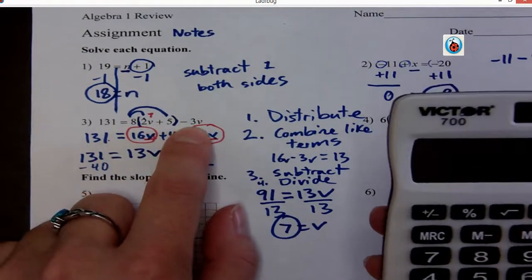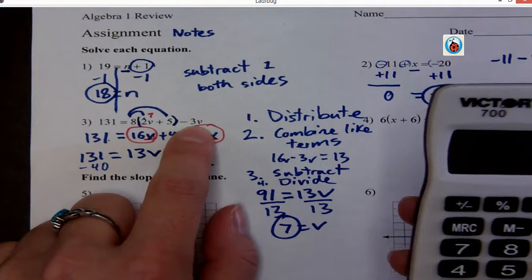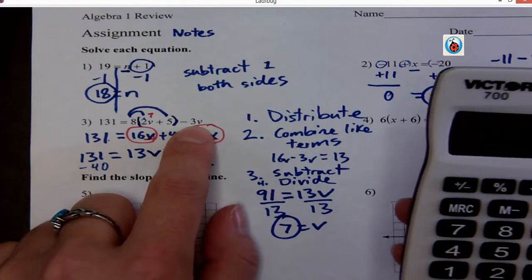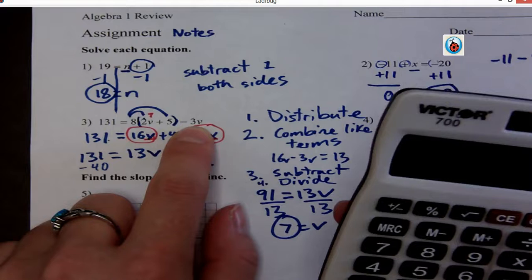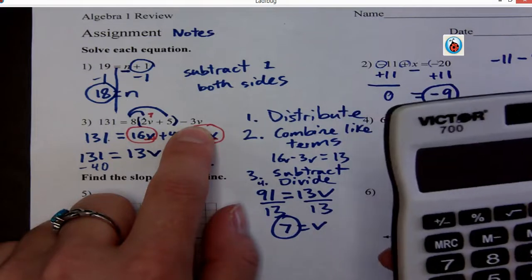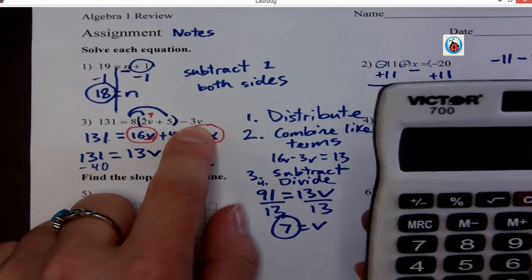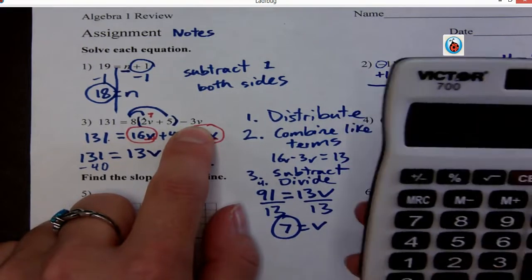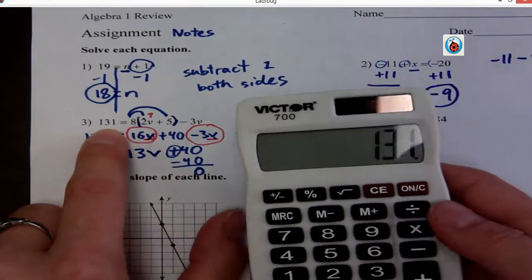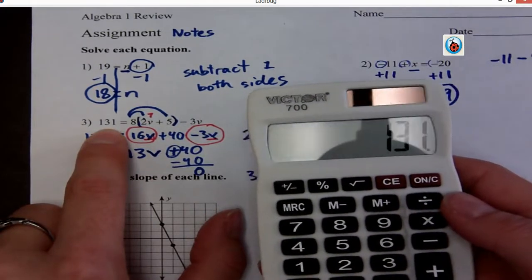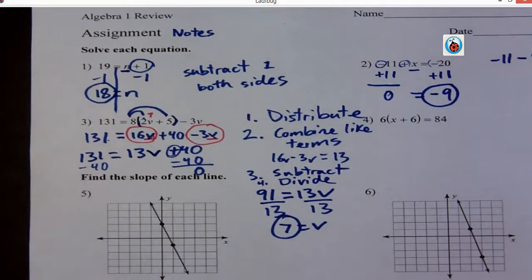And then we subtract, so 152, and then 3 times 7. So we have 152 minus our 21 equals 131, and so it does check. So if I type those step by step into my calculator, I see that it checks.